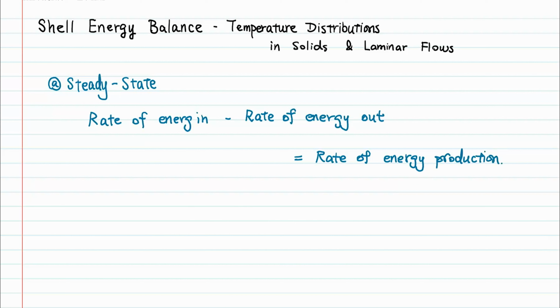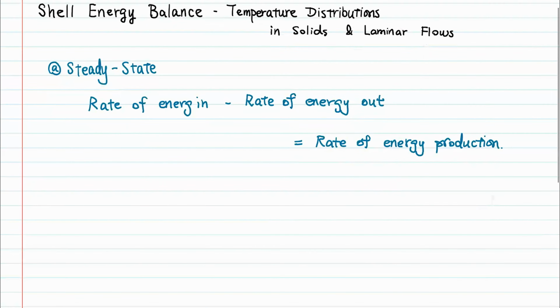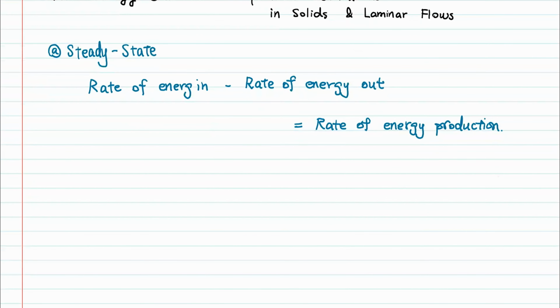Okay, so if we write in a more general format, basically we know that the rate of energy accumulation would equal the rate of energy in minus the rate of energy out plus the rate of energy production minus the rate of energy consumption. Okay, so let's write the more general format just to make it more general.